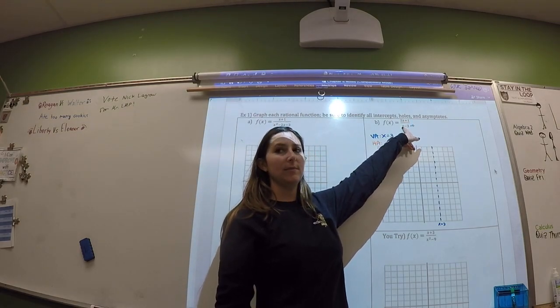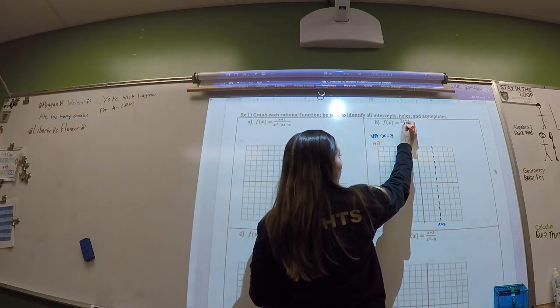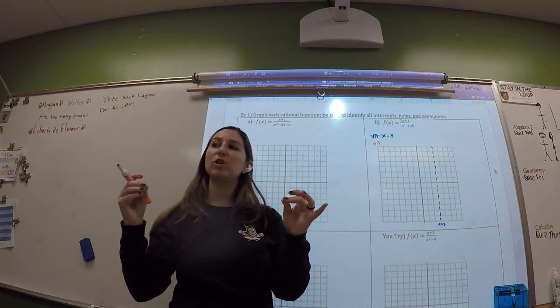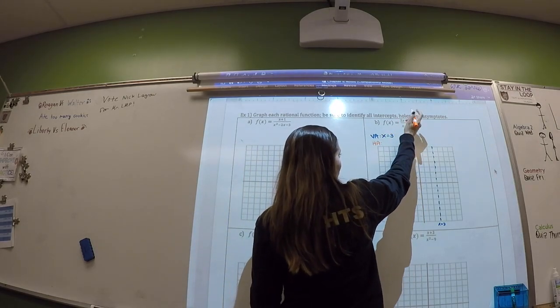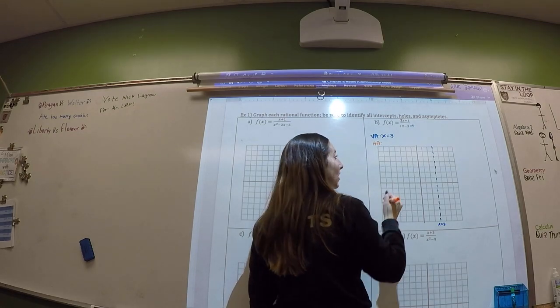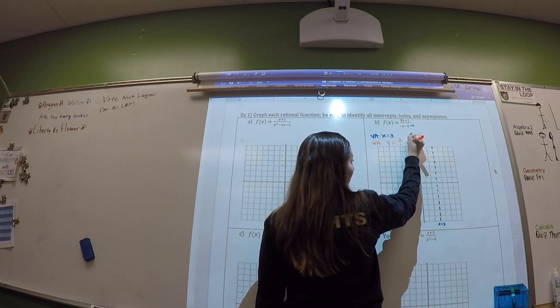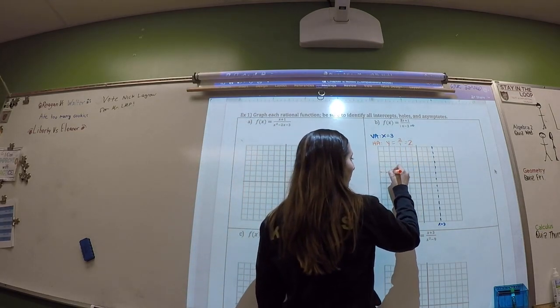They're both 1. When they are equal, you take the coefficients. This coefficient is 2, this coefficient is technically a 1. So your horizontal asymptote is at y equals 2 over 1, which is 2. So y equals 2 is where our horizontal asymptote is.